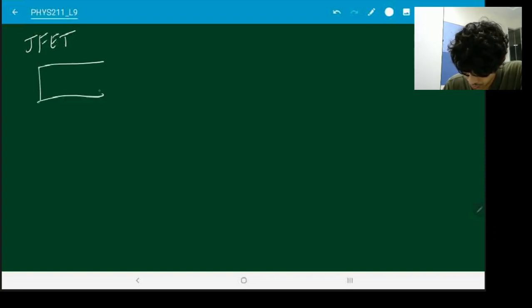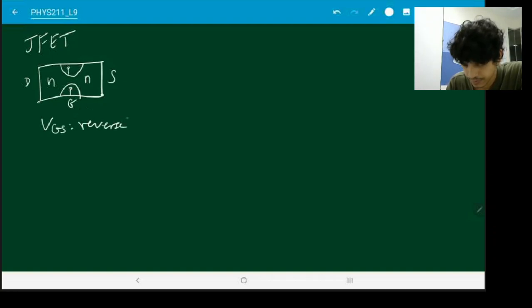So last time we saw field effect transistors or FETs, in particular JFETs or junction field effect transistors, which have a drain, a gate, and a source. So this is an N-type JFET, and VGS has to be reverse biased.